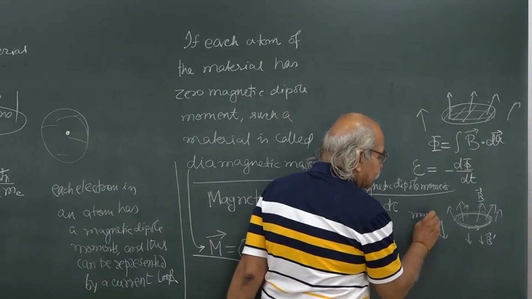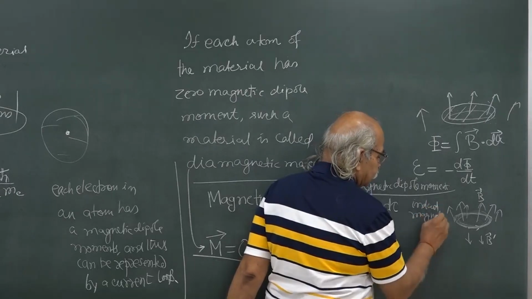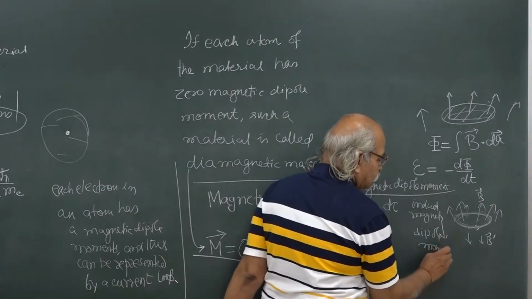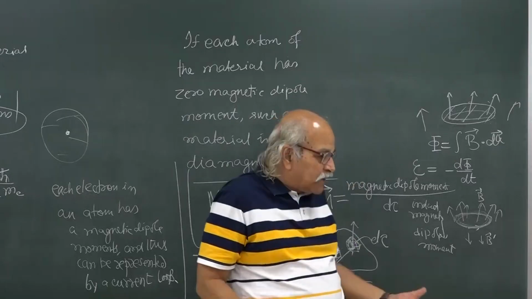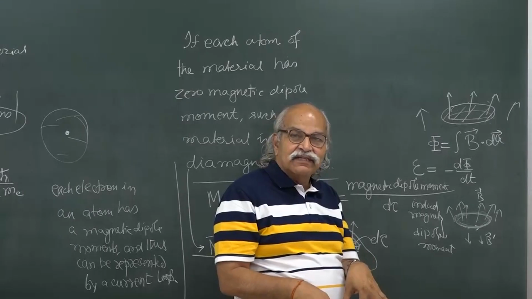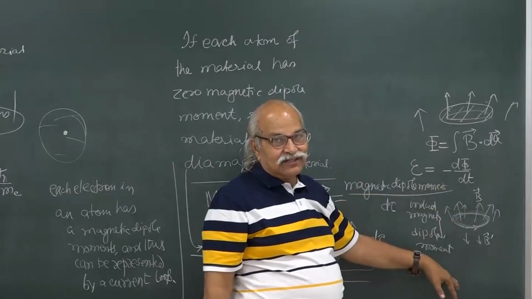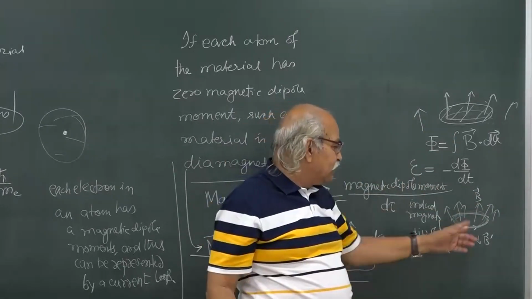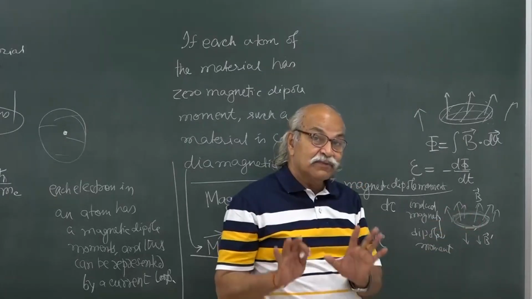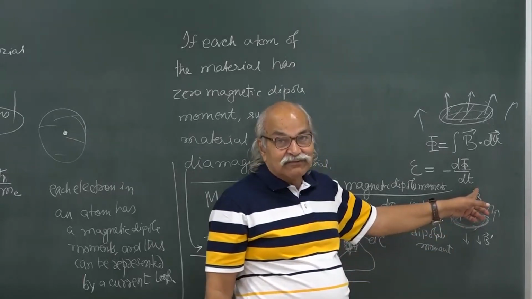This is the induced magnetic dipole moment. So if you apply a magnetic field, you create an extra dipole moment in the opposite direction. It does not depend on whether the initial current is this way or that way; that initial dipole moment is there. This is the extra one coming from this B, which is suddenly switched on.